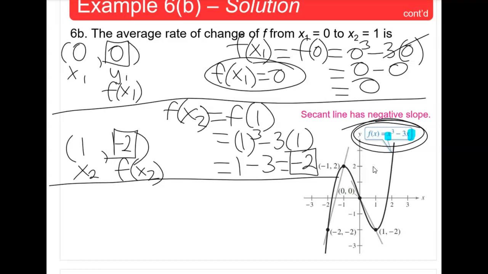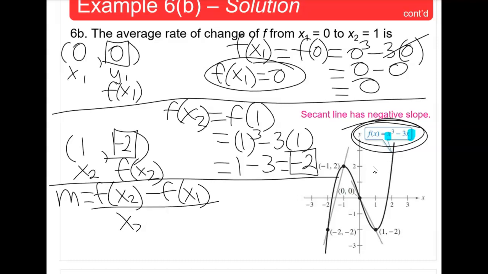Now let's go ahead and put them into our formula to find the average rate of change. So f of x sub 2 minus f of x sub 1 over x sub 2 minus x sub 1. So we will get f of x sub 2, that will be negative 2. That is here.